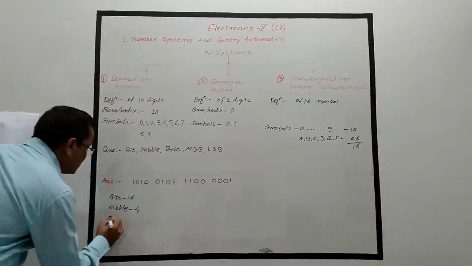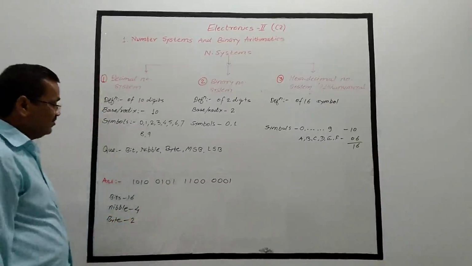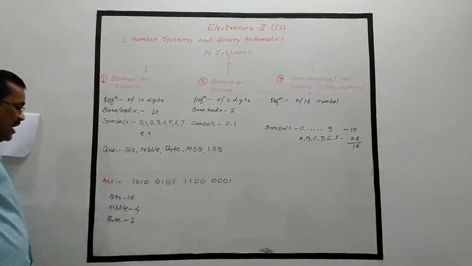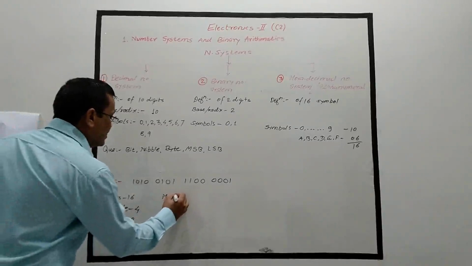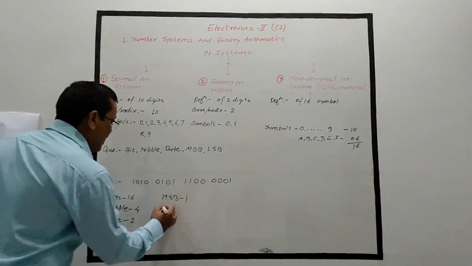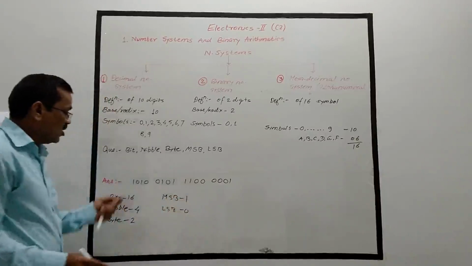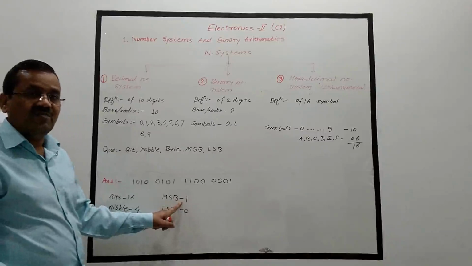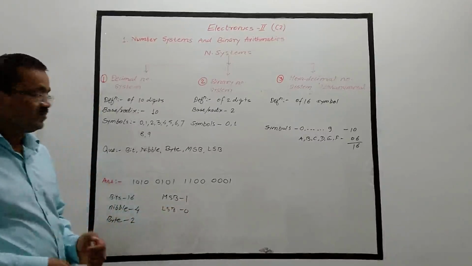So this chain of numbers has 2 bytes. Then MSB and LSB: here the MSB is 1 and the LSB is 0, because they are the most significant bit and the least significant bit.